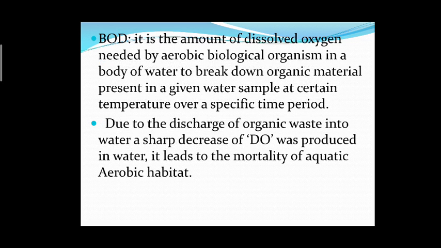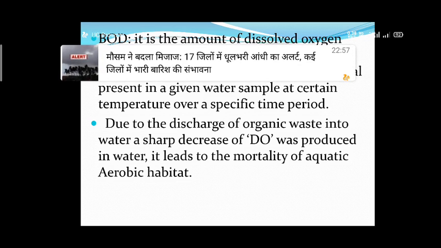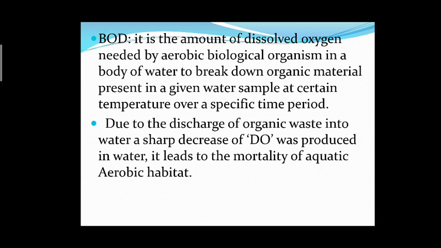Then BOD. It is the amount of dissolved oxygen needed by aerobic biological organisms in a body of water to break down organic materials present in a given water sample at a certain temperature over a specific time period.